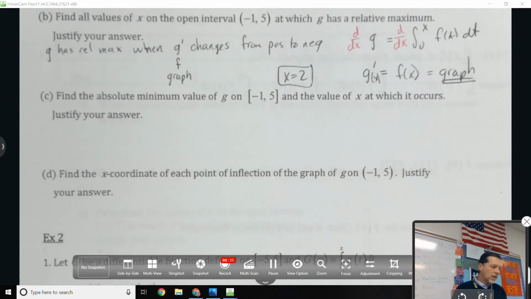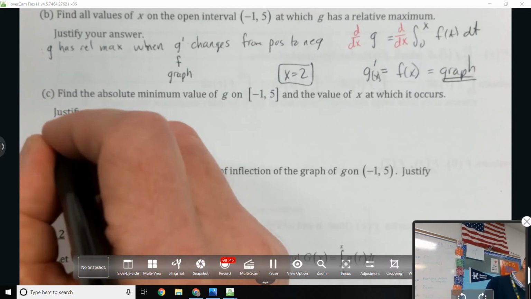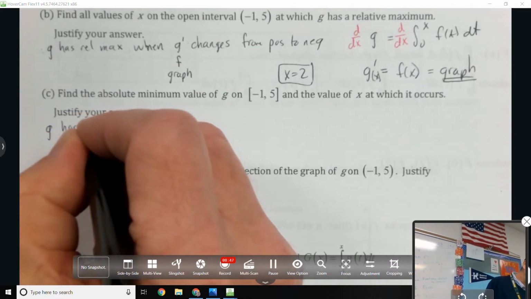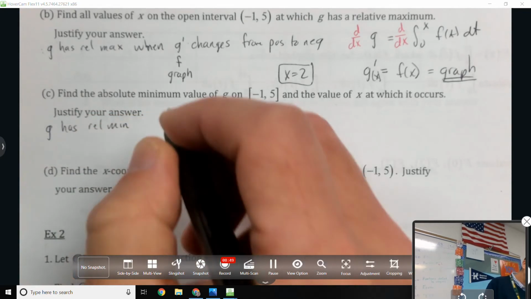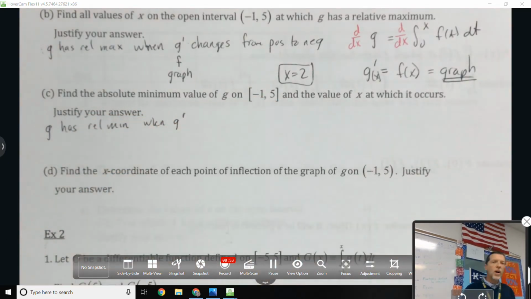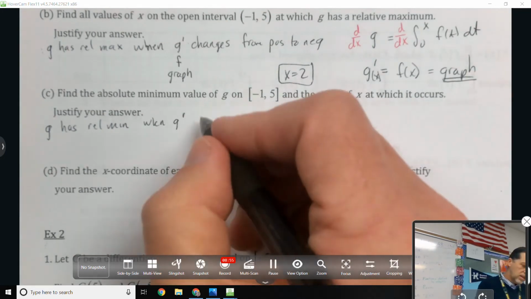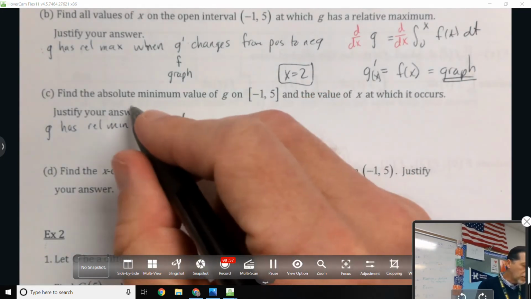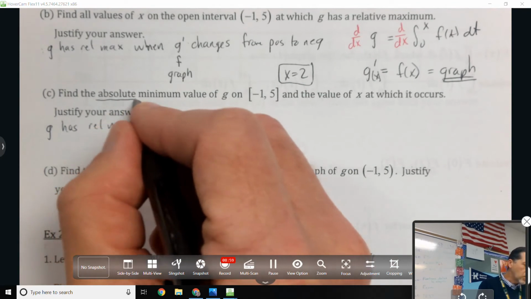Part C. Find the absolute minimum value of G and the value where that occurs. Well, again, I think I would do the justify first. G has a relative min when G prime... isn't it absolute? Oh, it does say absolute min, so we'll need to check the endpoints.